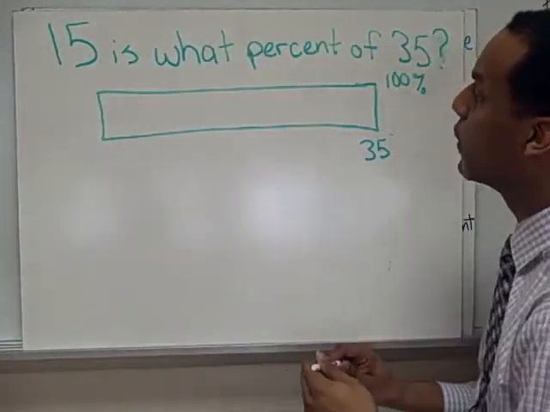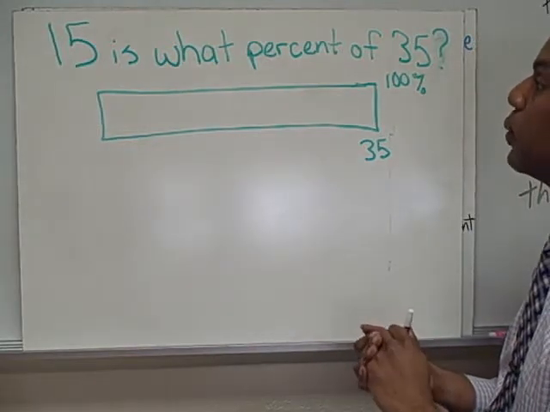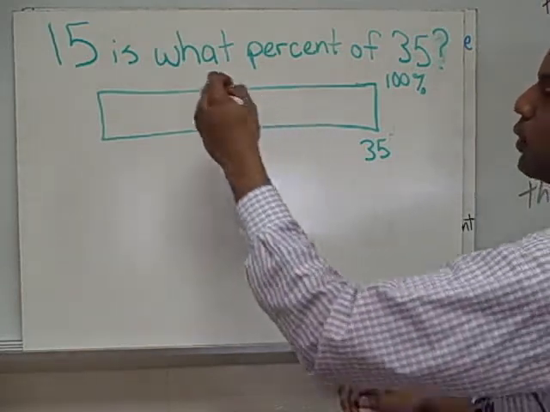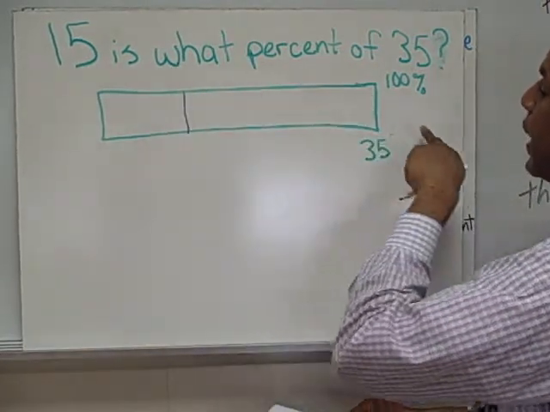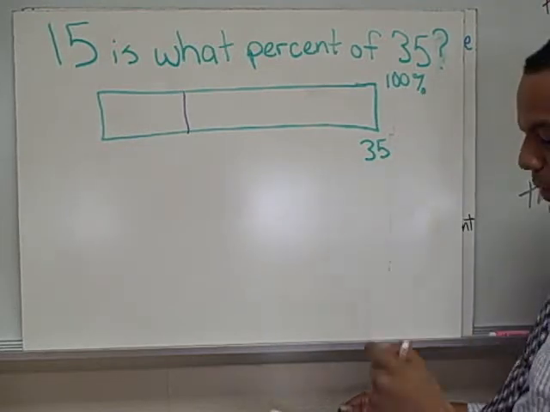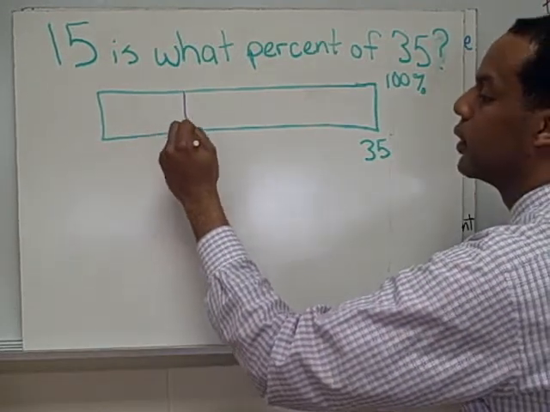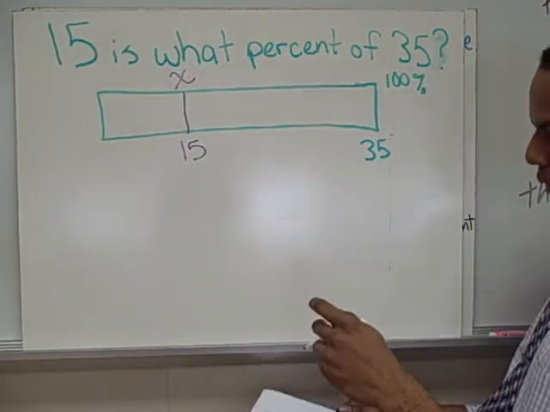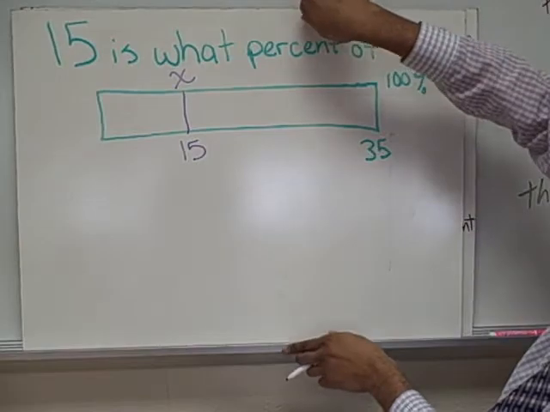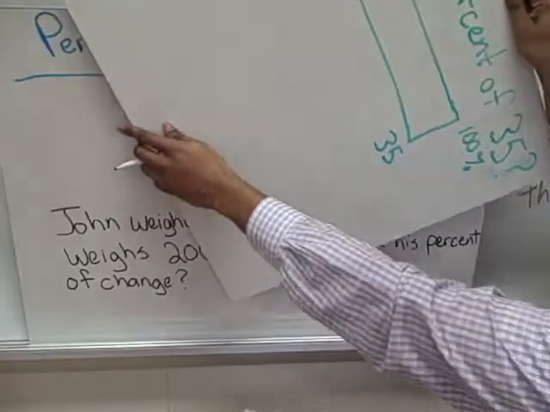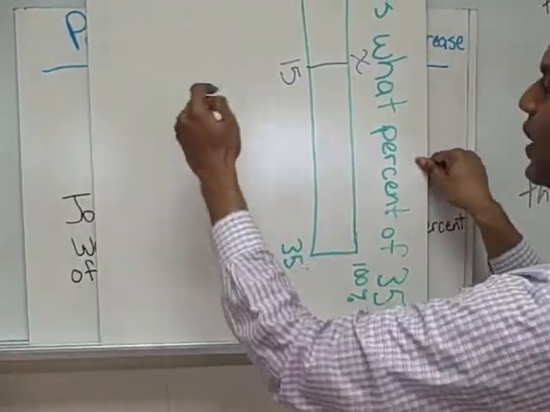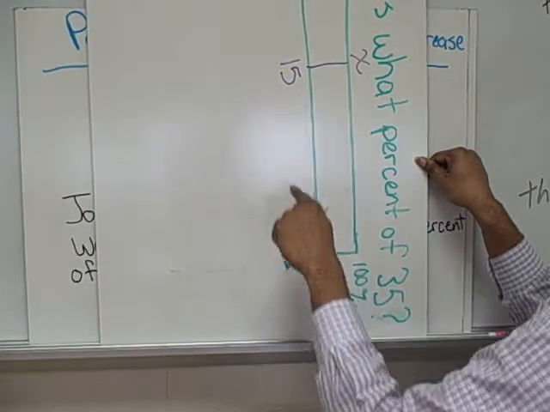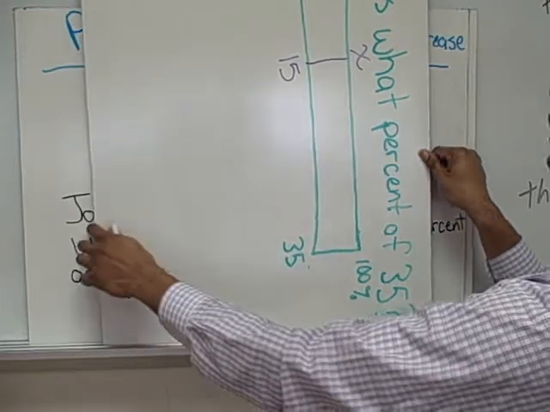Now, next, 15 is what percent of 35? So, once again, I have 35 as my 100%, I have 15 there, then I have X. Once again, if I flip my board, I can make my proportion having X over 100, and then 15 over 35.